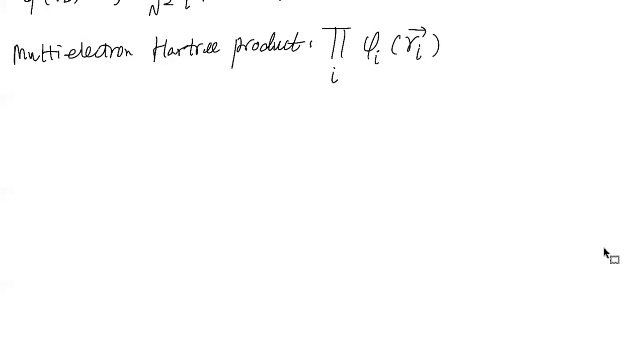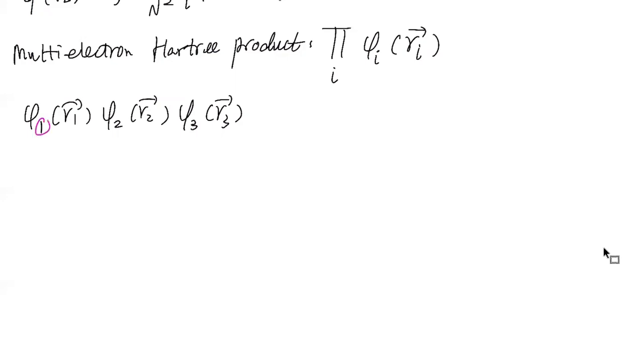Suppose you have, say, 3 electrons, then you will have phi A R1, phi B R2, phi C R3, right? Or you can use 1, 2, 3 to label the orbitals. 1, 2, 3.